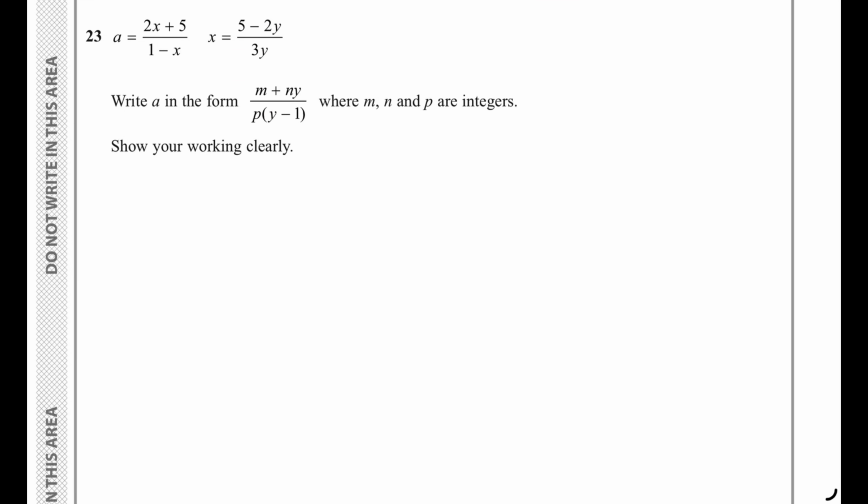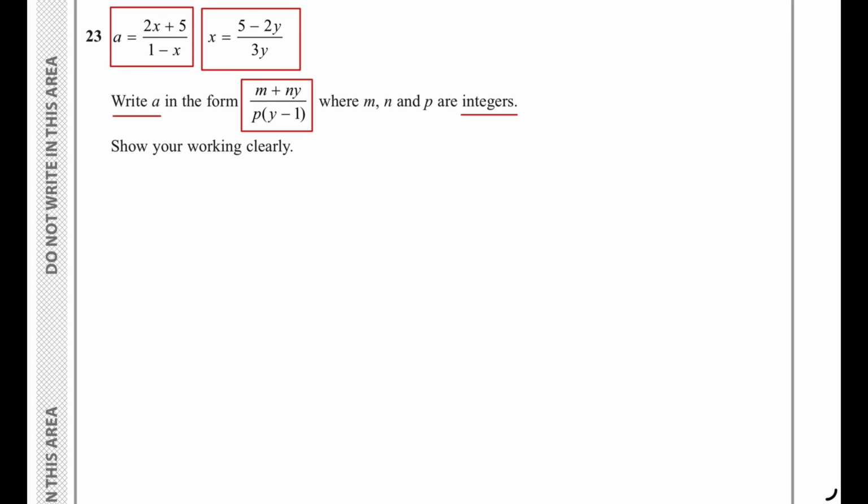Question 23. A equals 2x plus 5 over 1 minus x, and x equals 5 minus 2y over 3y. Write A in the form of m plus ny over p times y minus 1, where m, n, and p are integers. Show your working clearly.